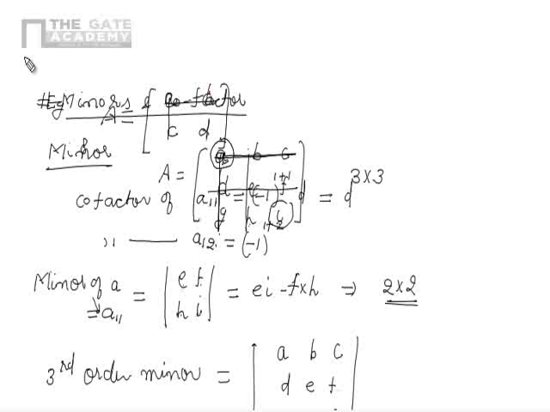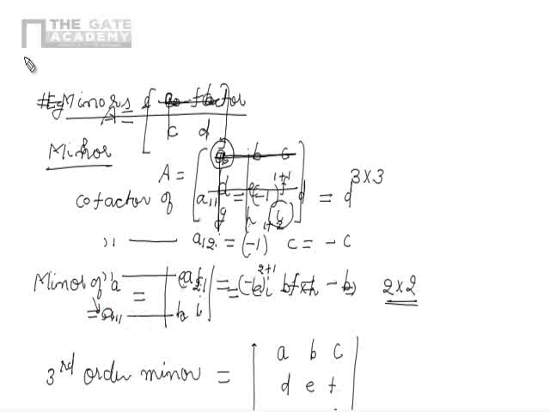So first row second column, if I delete this then I'll be getting C, but here it will be a negative sign. Similarly, cofactor of A21, I'll be getting the B element and minus 1 to the power 2 plus 1, so minus B.